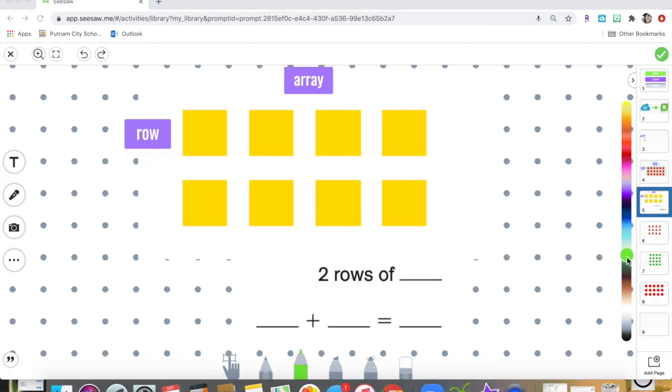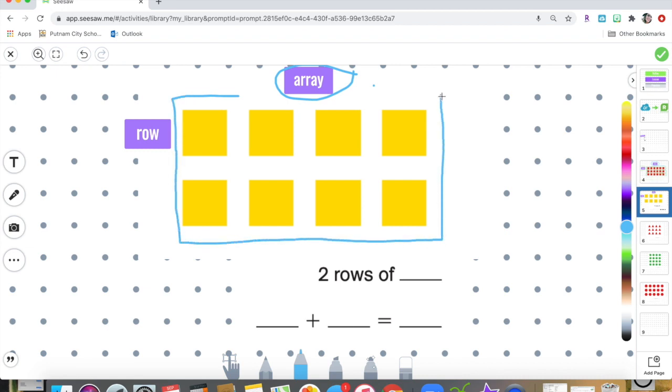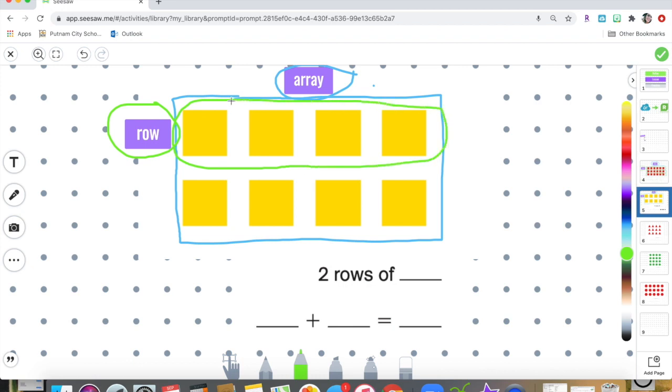Here is our next example. So we have an array. Remember, array is the entire set of objects that are grouped into equal rows. So that's our array. And then row is this word to the side. A row is one thing repeated or in a line. So for this array, how many rows are there? 1, 2.